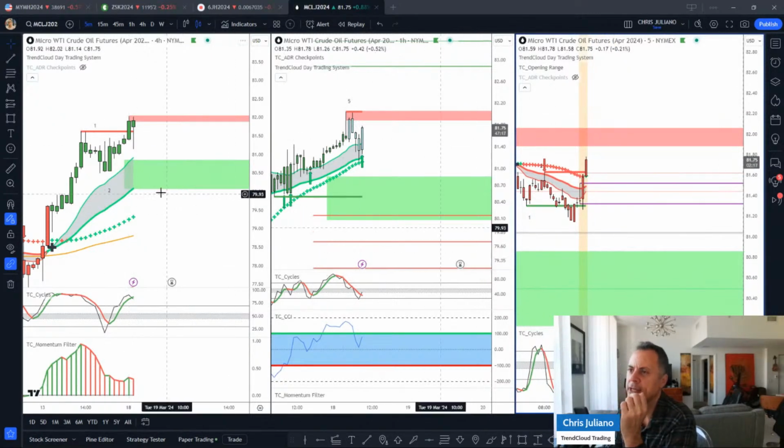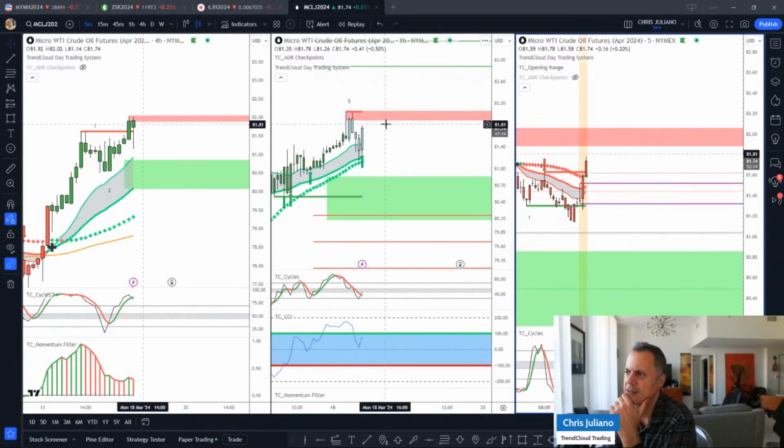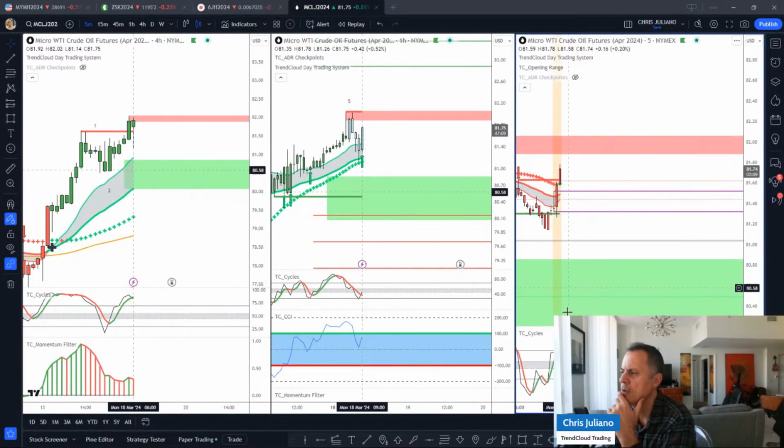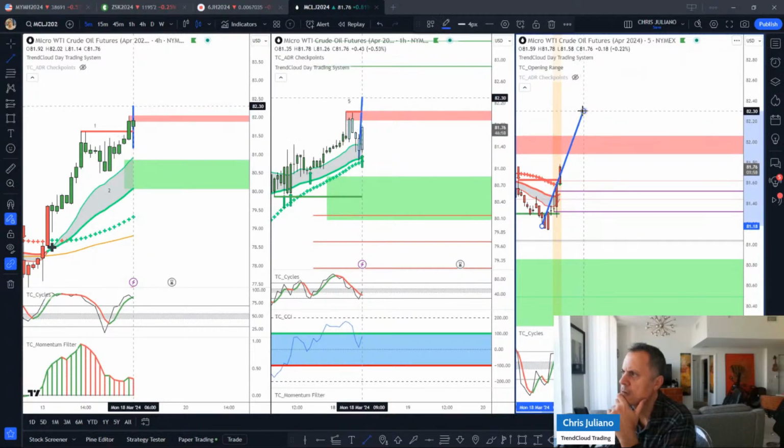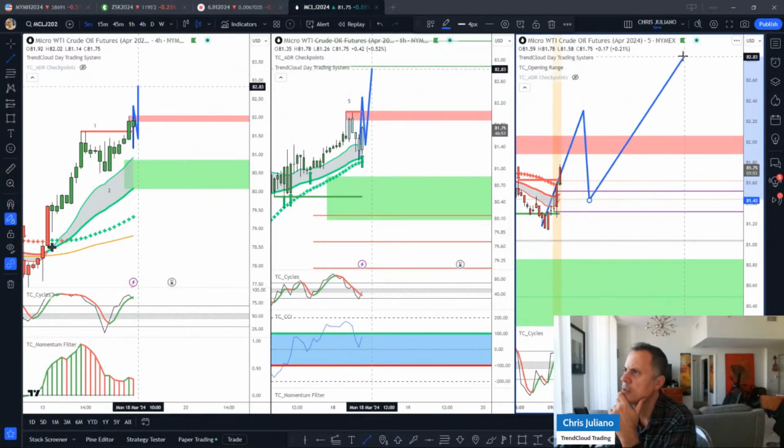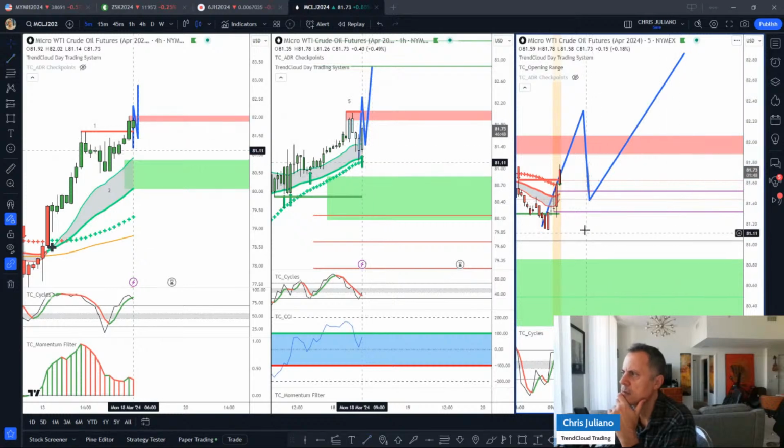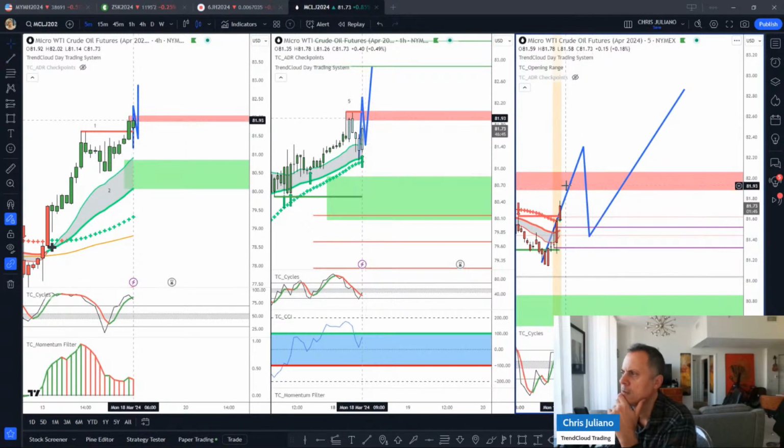Well, if we want to take this long today and take a chance on capturing that intermediate momentum, what would be the best scenario? How about we break above this structure here and retest this, right? For a move to that ADR checkpoint. How does that sound? That makes sense, doesn't it?